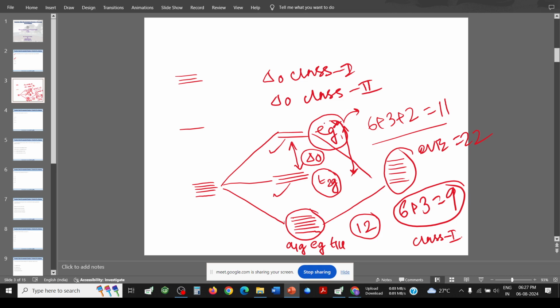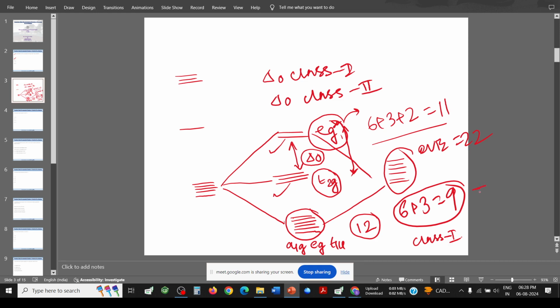So Eg will not be available for electrons because of the high energy gap. You can find more details in the CFT chapter, where we consider the metals based on this delta O value. So only up to this T2g level will be available for the electrons to be filled.